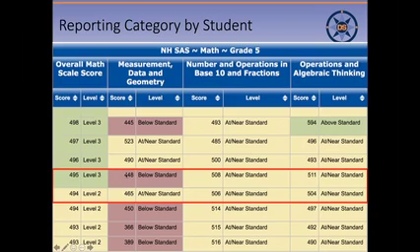If you had a performance plus report like this, you could have a student score a level 3 overall in math or a level 2 overall in math. This would be true in an ORS report too. And this student is below for measurement and data and at or near for numbers and operations and fractions, and at or near for operations and algebraic thinking.